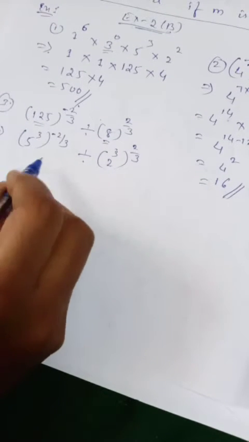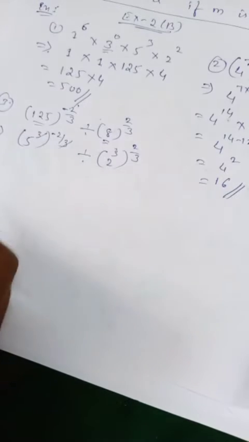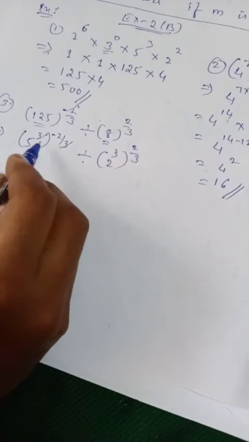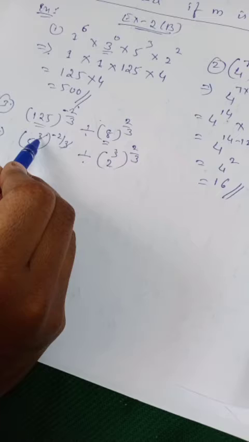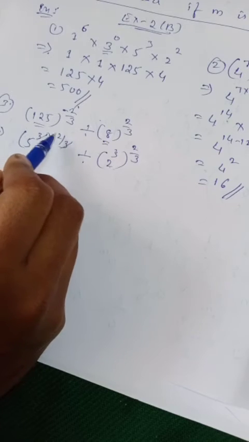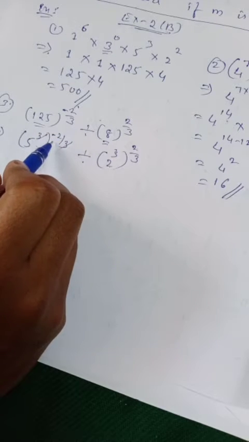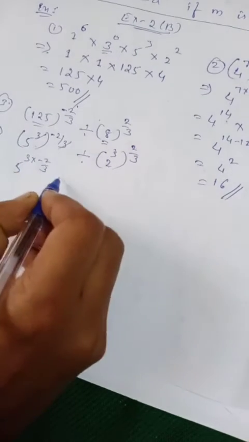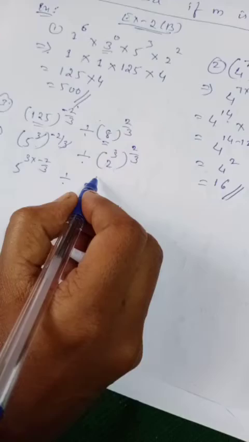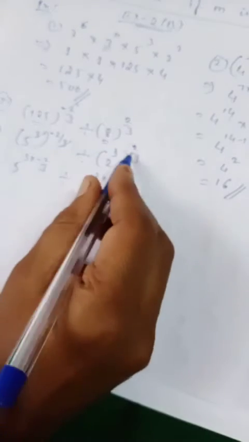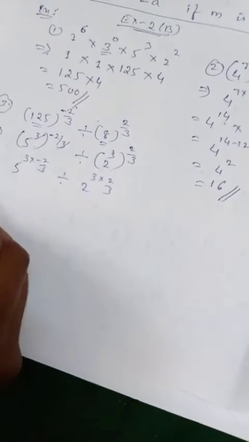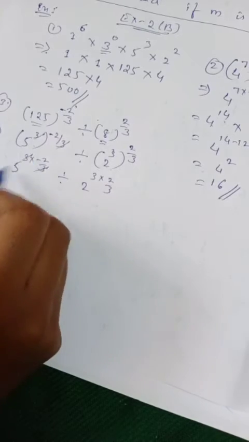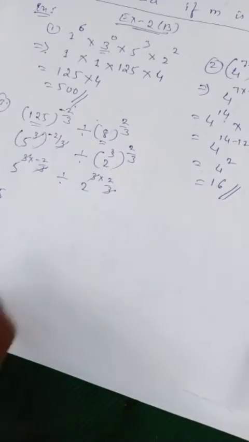Here this is the formula a raised to m raised to n is a raised to m into n. That is 3 into minus 2 by 3, and 3 into 2 by 3. This 3 gets cancelled, and this 3 gets cancelled here.